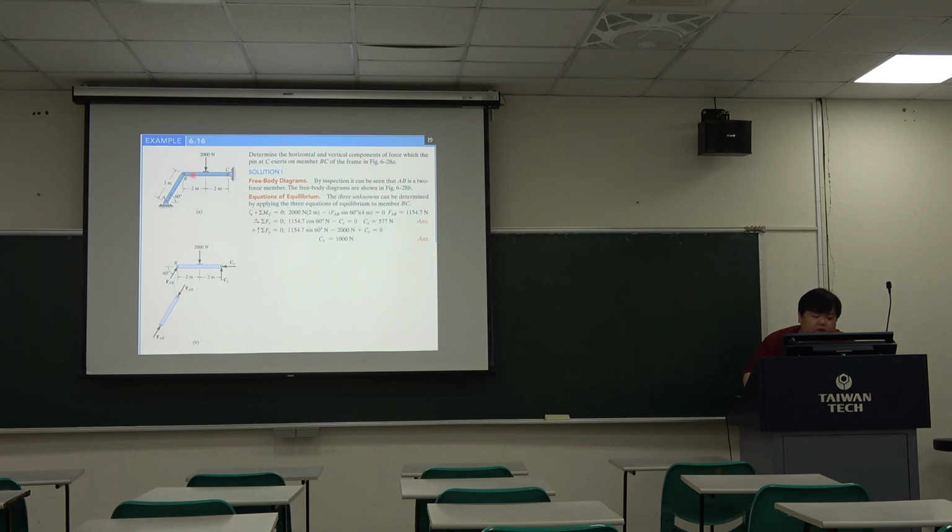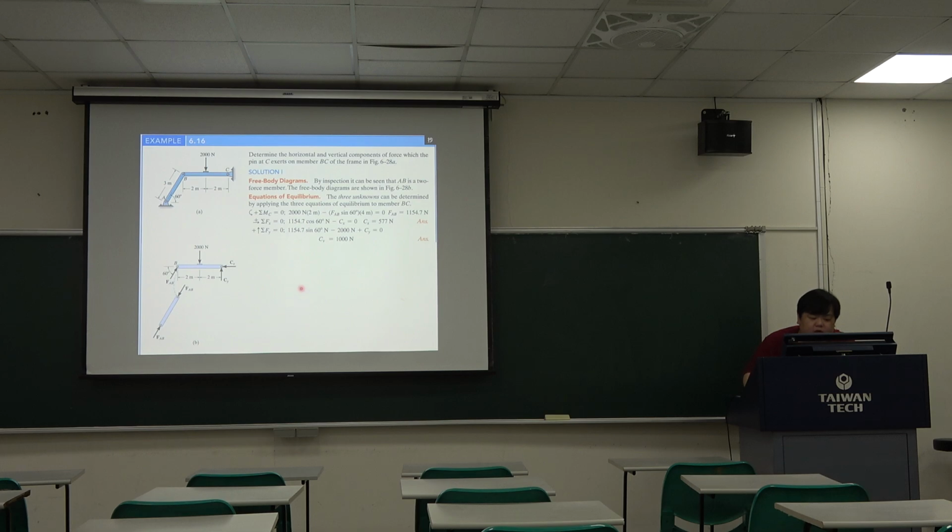And in member BC we have one force in here, and this force is the internal force with member AB, and we have the reaction force at point C. So this is the free body diagram.